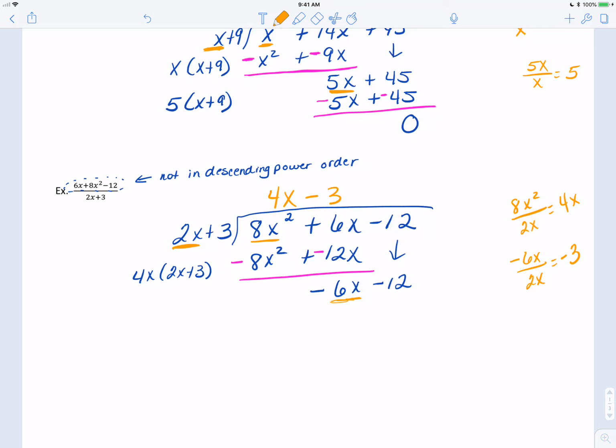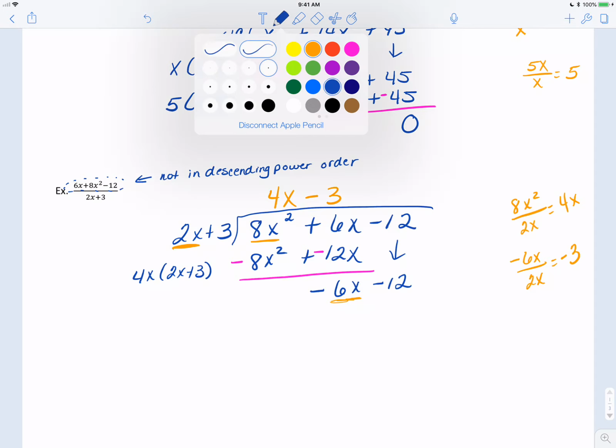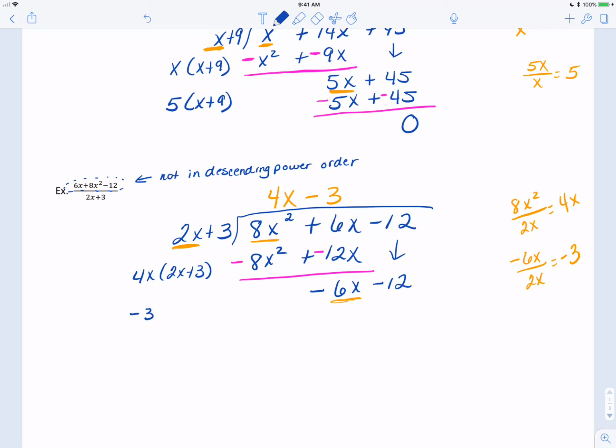So minus 3. And then when we multiply, we've got to make sure we're multiplying by that negative 3 because that's what we put up there, 2x plus 3. That gives us negative 6x minus 9. So then we come in, change our signs before we draw the line.